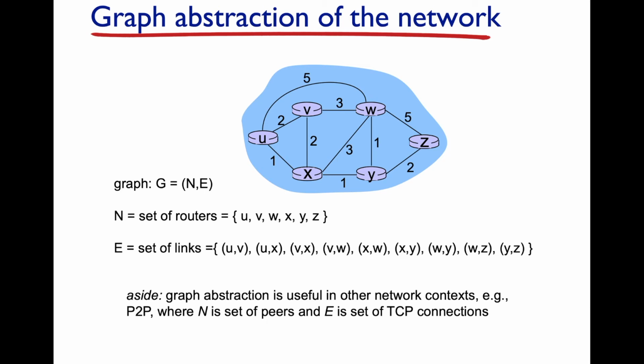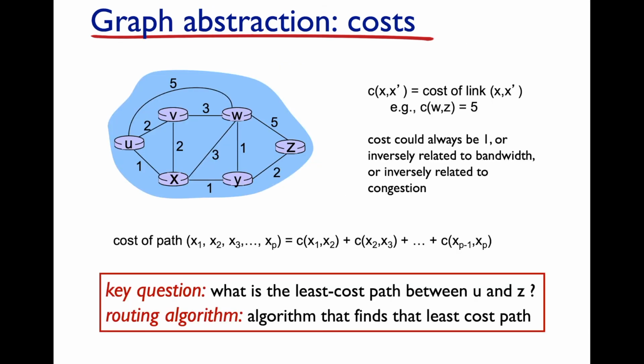But we're going to depict these routers as nodes and give them these alphabetic characters because we're going to abstract it as a graph. Okay, so the cost of a link we're going to call c(x, x') from one node to the next and one router to the next is going to have a number, and we decorate our edges with the cost associated with that link.